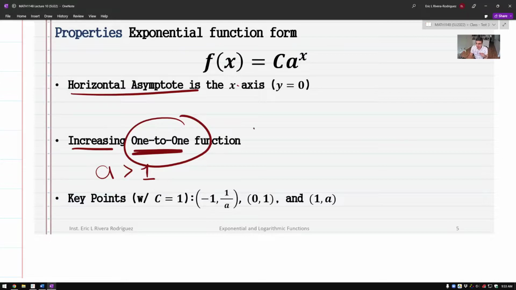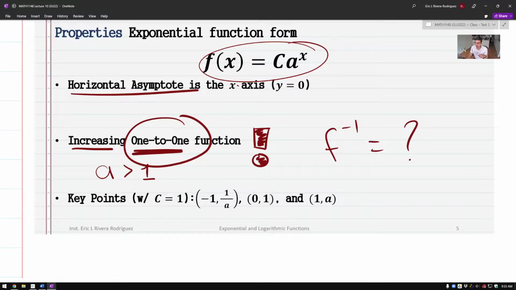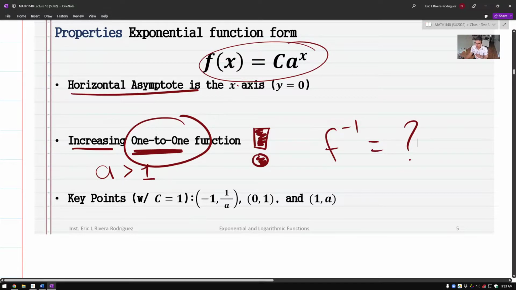This is going to be important, because if it's a one-to-one function, then the exponential function has an inverse function. But what is that inverse function? We will see later.